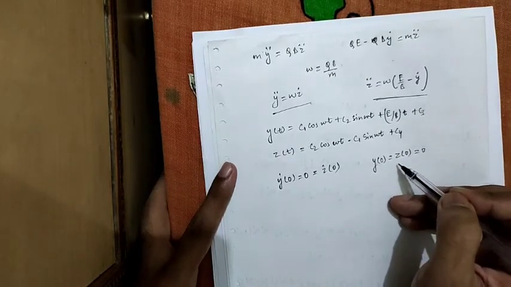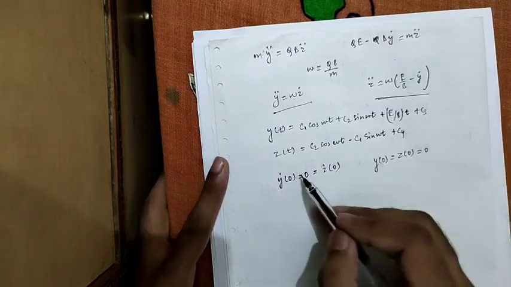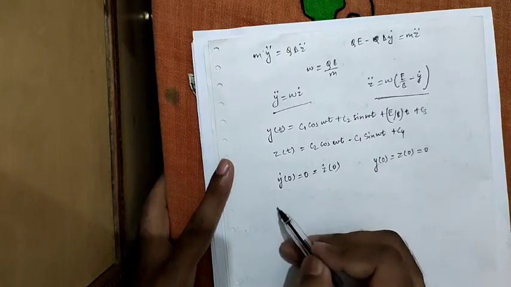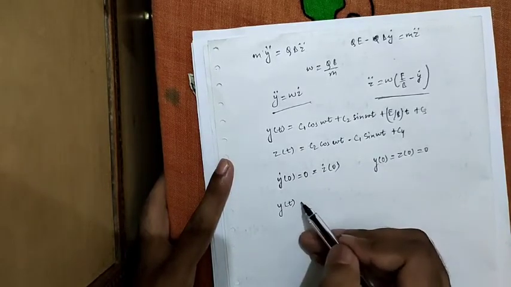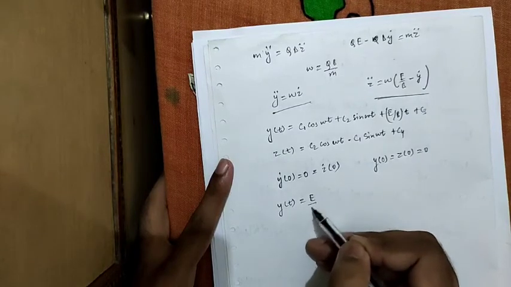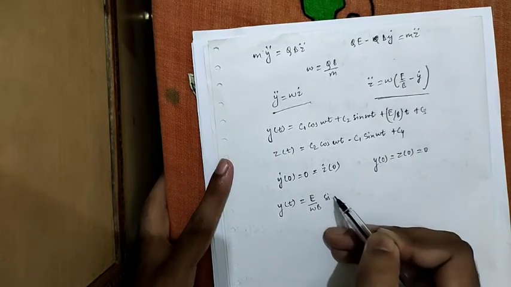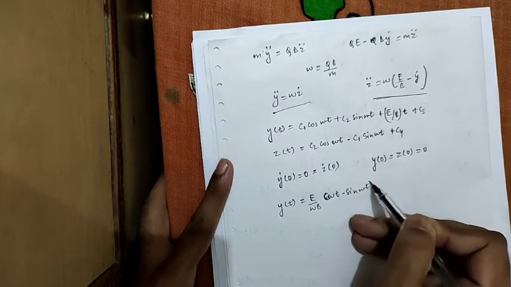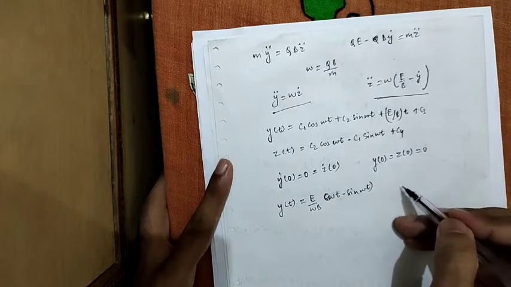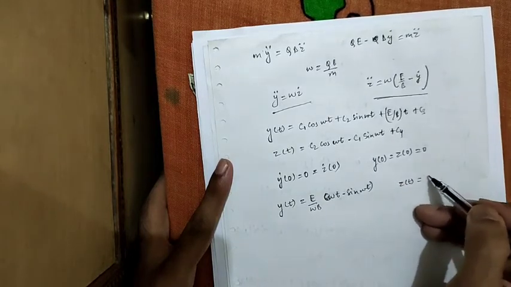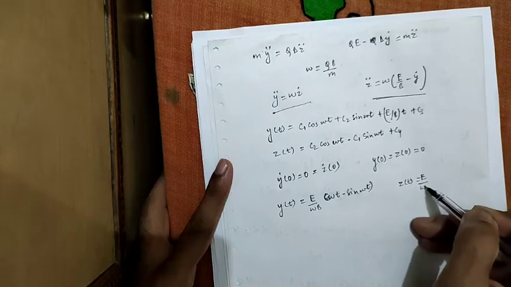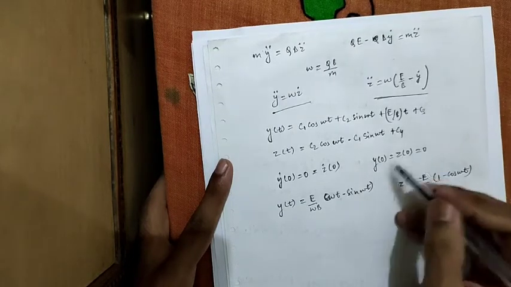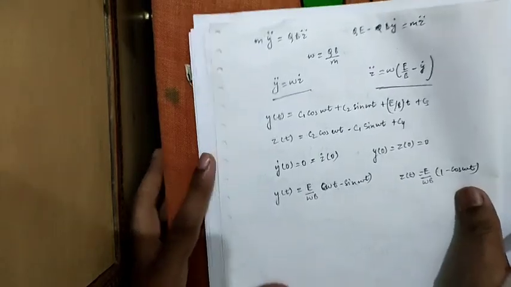Now using these equations and differentiating them, we can find that y(t) is equal to E by omega B (omega t minus sin omega t), and z(t) is equal to E by omega B (1 minus cos omega t). This is a simple calculation, you can do it by yourself also.